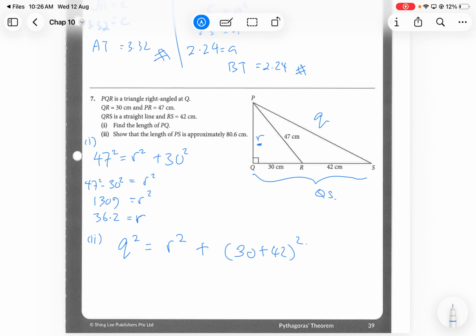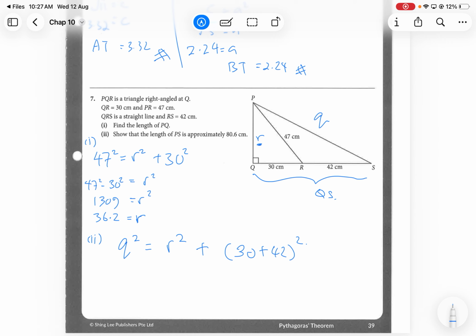Okay. This question, they never guide you. They never tell you find what first, then later find what. They tell you to find the longer side of ABD, which is AD. So they want you to find AD. If I want to find AD, with Pythagoras, I need to know BD first.